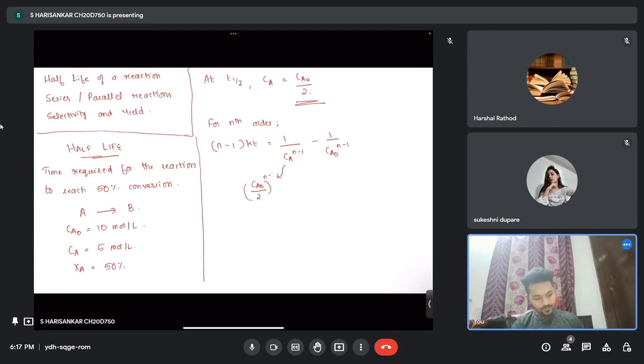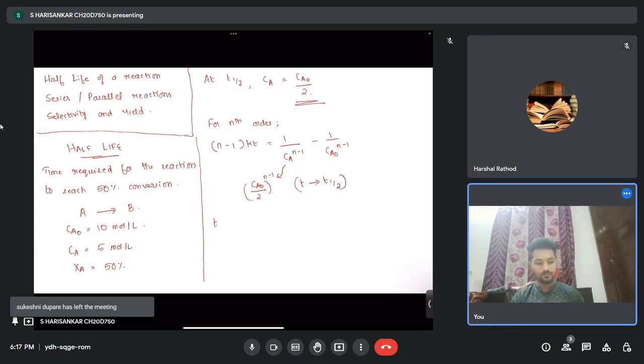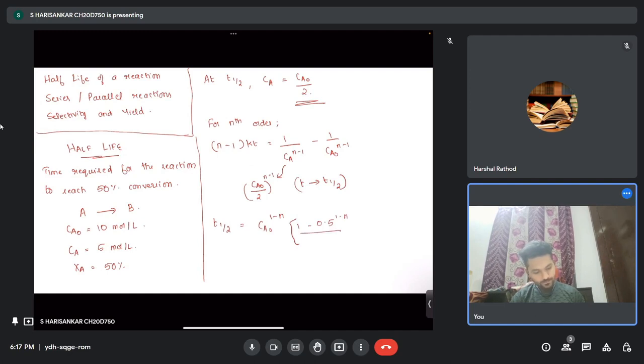When we substitute this, T will become T half, right? So T half is Ca0 raised to 1 minus n, times 1 minus 0.5 raised to 1 minus n, by k into 1 minus n. So this is the general equation for half-life.